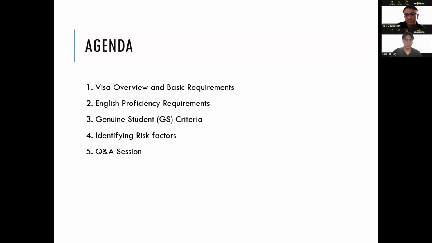Maybe many of you have heard of it before. It used to be called a different name. It was called the GTE in the past. But in the middle of this year, there was a big reform with the student visa criteria, and the old GTE criteria changed to the genuine student, which is the GS criteria.